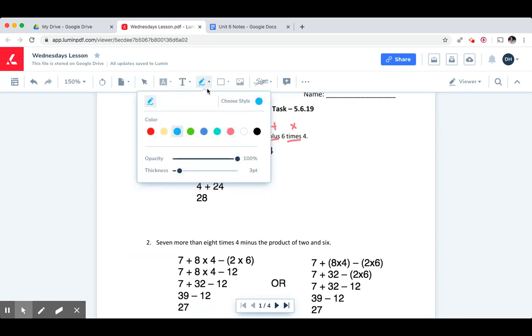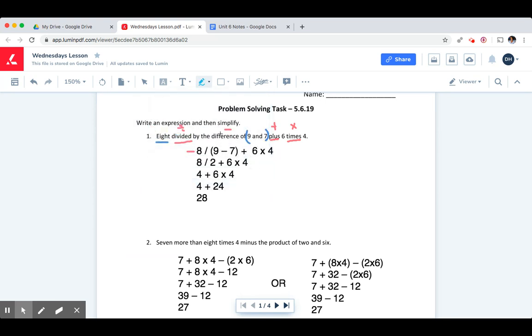It shows us that before we can divide 8, we need to know the difference of 9 and 7. While 6 and 4 are not in parentheses because it does not say plus the product of 6 and 4. It just says plus 6 times 4. And those words do not show us order.